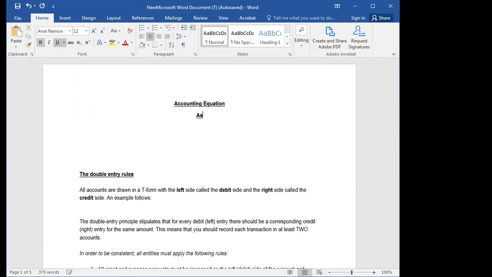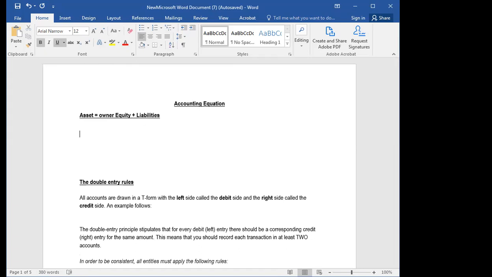Remember, this is a mathematical equation, which is assets equals owner's equity plus liabilities.